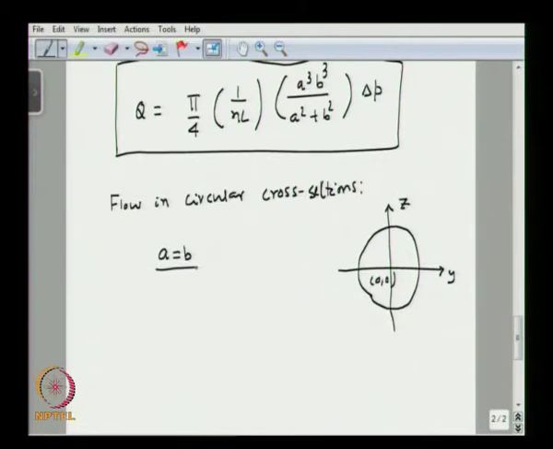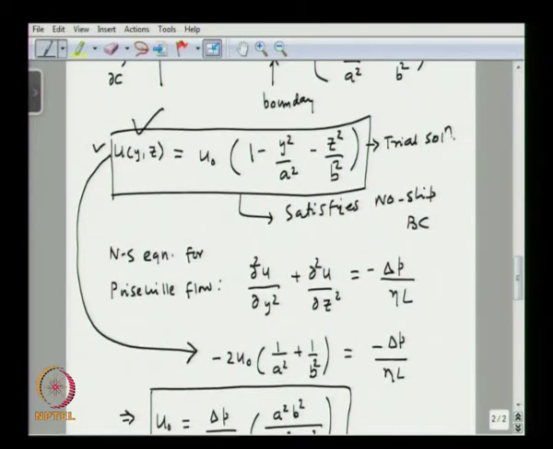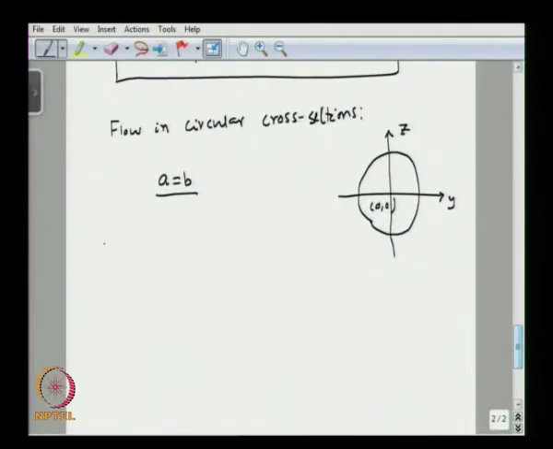For A equal to B, if you substitute in this equation here, you can obtain the velocity field. So the velocity field u y z could be obtained as delta P over 4 eta L into A square minus y square minus z square. Okay.